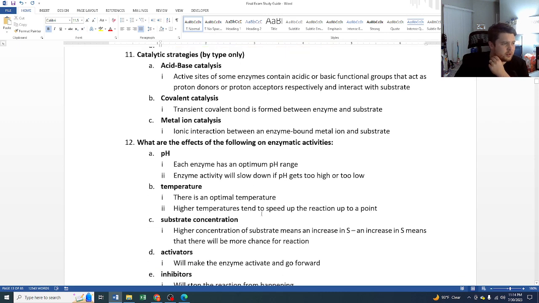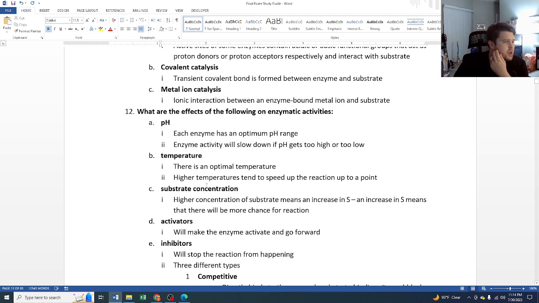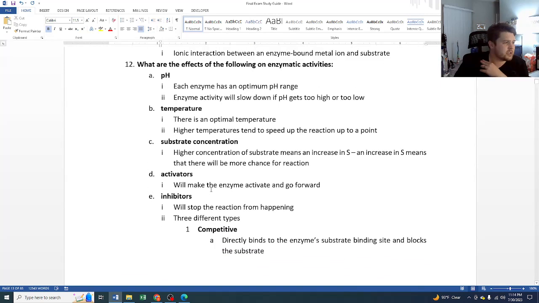The effects of the following on enzymatic activities. Go ahead and pause and take a second real quick to read through these. These different things will have an effect on how the enzymes work.